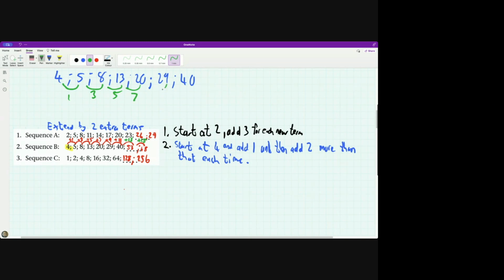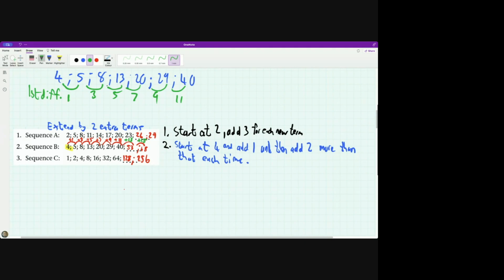Because it's literally the first difference between the terms. If I go 5 minus 4, the difference is 1. If I go 8 minus 5, the difference is 3. So these are called the first differences. Give me a thumbs up if you understand what I mean by the first difference between terms in a number pattern.